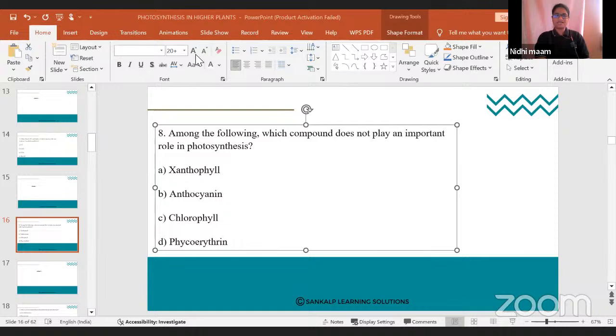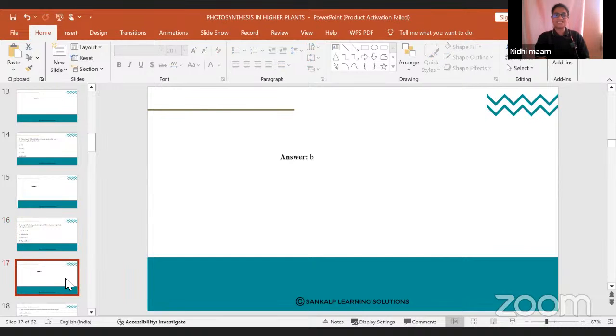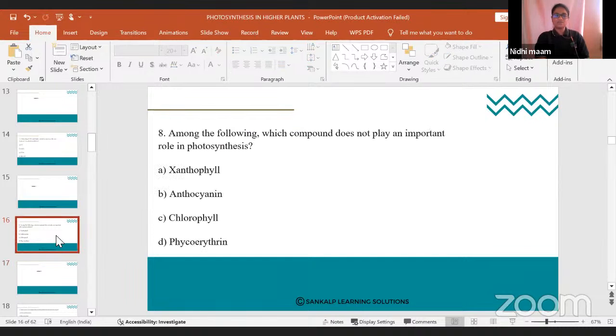Bhuvan answered it. So the confusion is between option B and option D, that is xanthophyll and phycoerythrin. We know that option C does not hold good because chlorophyll is an important compound. When we discuss the other pigments, which are called accessory pigments, the main thing is anthocyanin.